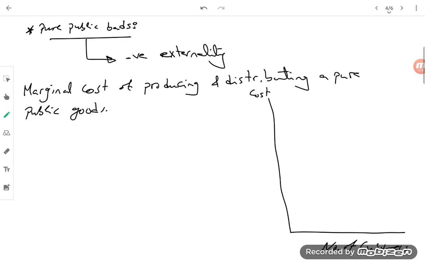So the marginal cost of distributing this commodity after the first person will be 0.